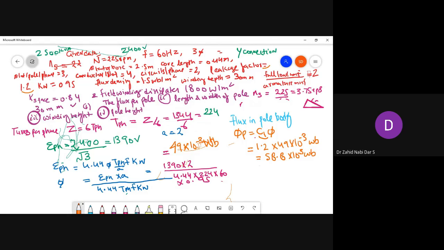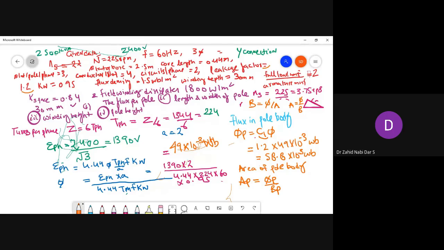B is equal to phi by A, so A is equal to phi by B. So the area of the pole body, AP, would be equal to phi P by BP. The BP value is given as 1.5.